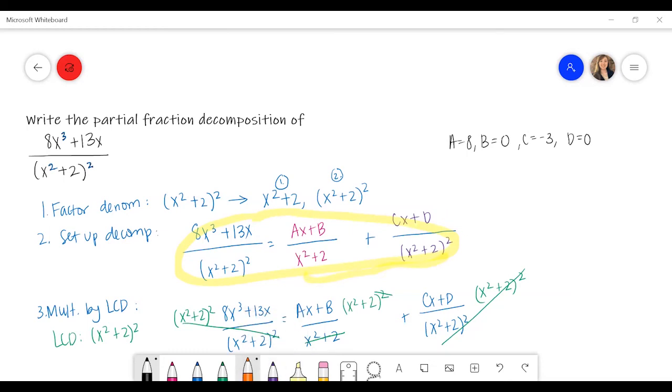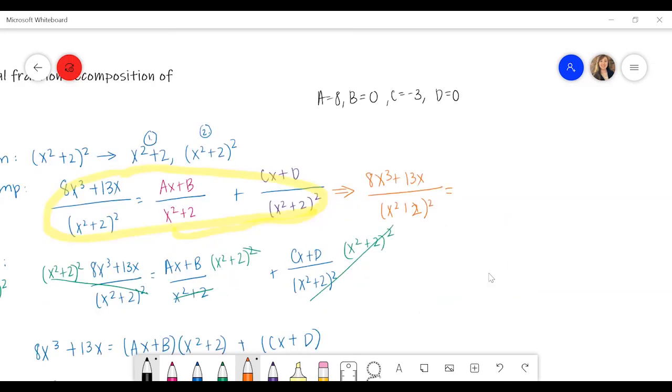So if we were to rewrite this, 8x cubed plus 13x divided by x squared plus 2 squared. And if we rewrite by substituting values for A, B, C, and D, we get 8x plus 0 over x squared plus 2 plus -3x plus 0 over x squared plus 2 quantity squared.